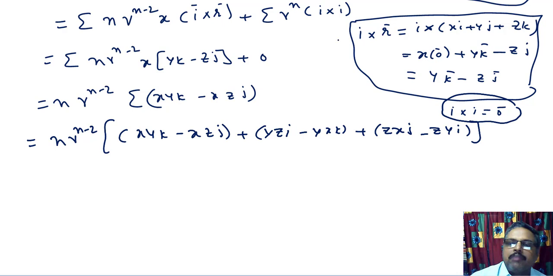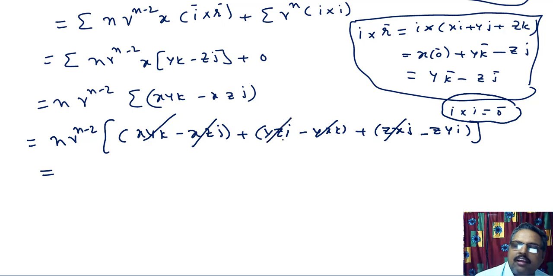Just here we are applying this one. Now if you observe xyk and also here xyk, these two terms are cancelled. xzj cancel. yzi and yzi cancel. Finally, n into r power n minus 2 into r bar equals to 0.